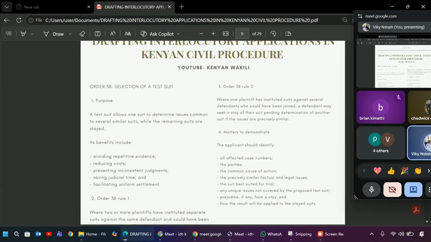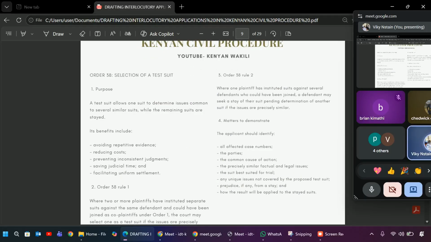Now, there is also a blind spot where if you're not in practice, you don't know what a test suit is, you don't know how to seek or do an application for a matter to be considered a test suit if there is a series of such matters that are emanating from similar facts and similar transactions.